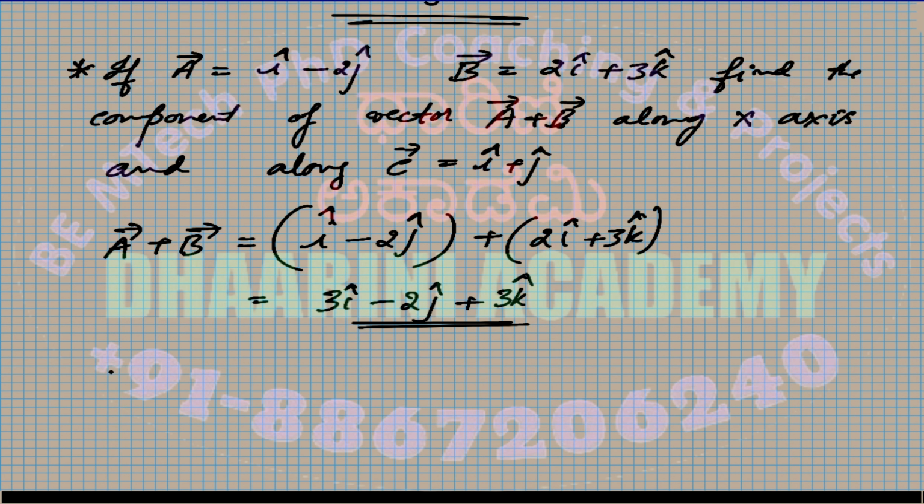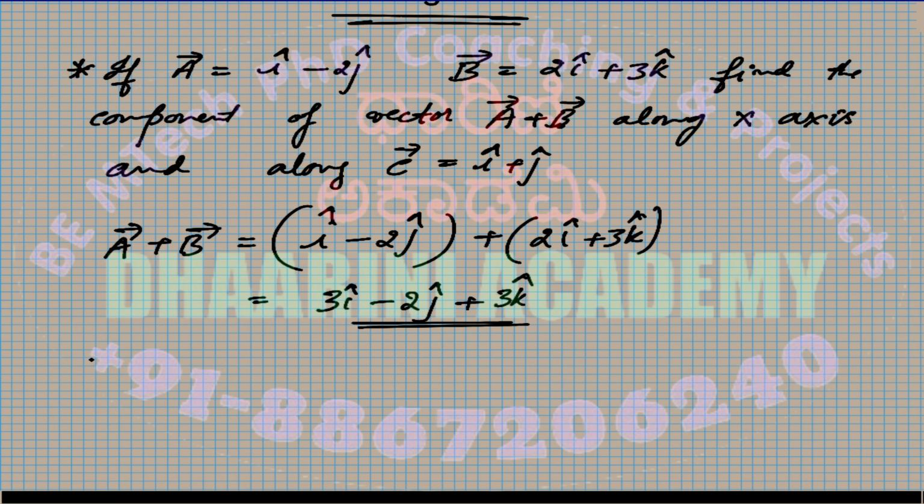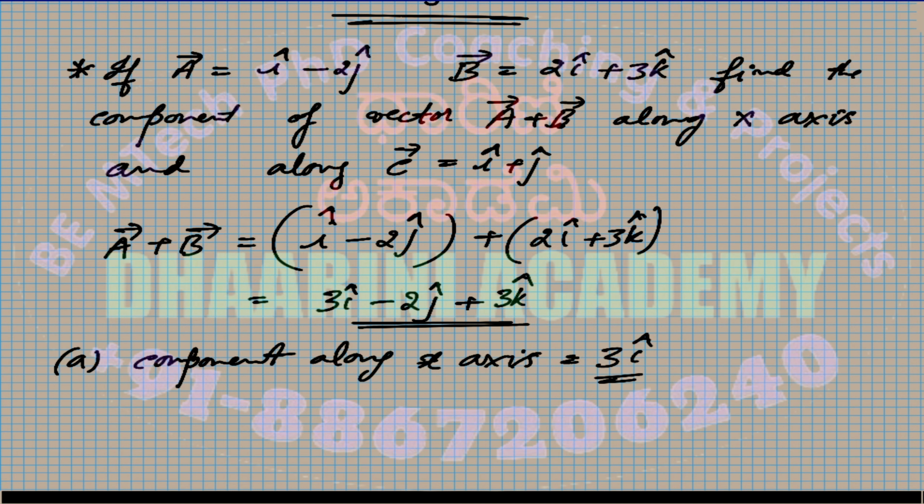So the first part is very straightforward. This is the answer to the first question: the component along x axis is 3 times I, or simply you can write the magnitude is just 3.